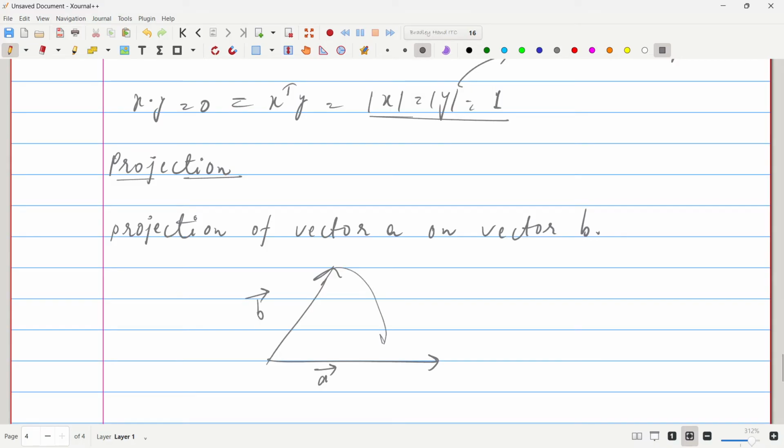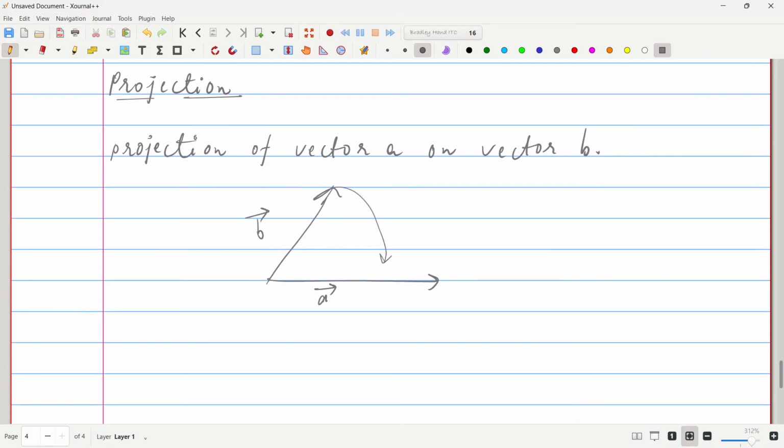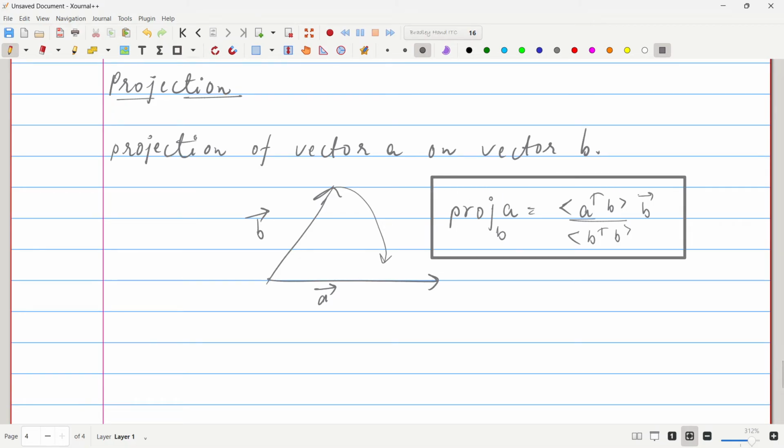You want to find the shadow of this vector on the A vector. So how will you write? You will write projection of A vector on B vector is A transpose B divided by B transpose B into B vector. Okay, so this is how you find the projection of one vector on another vector.